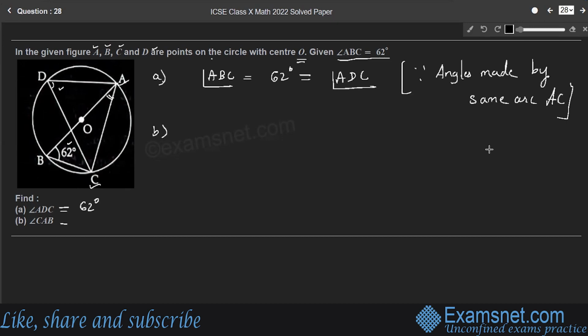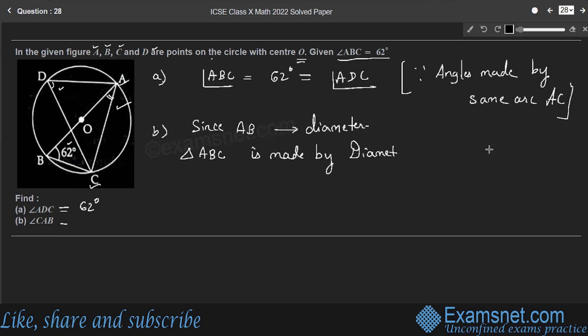AB is the diameter, and triangle ABC is made by the diameter AB, in which angle ACB is equal to 90 degrees.